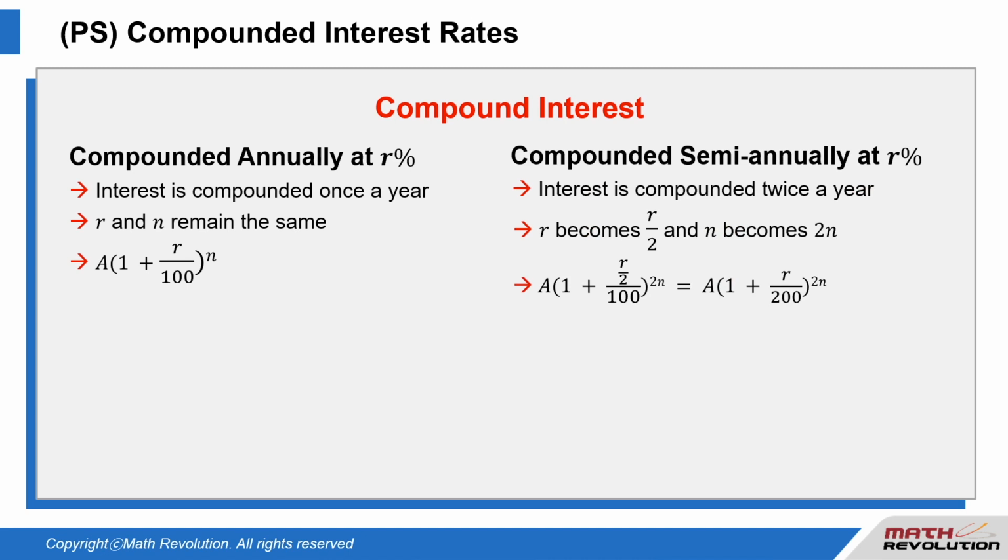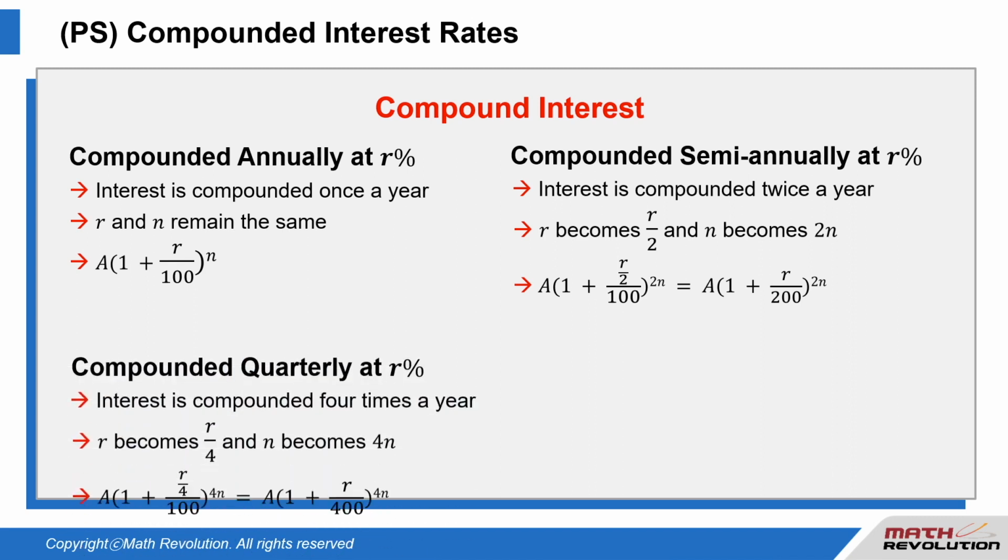This means that the interest is compounded twice a year, so R becomes R over 2, and N becomes 2 times N. And the formula will be A times the whole 1 plus R over 2 whole over 100 to the whole power of 2 times N, which is equal to A times the whole 1 plus R over 200 to the whole power of 2 times N.